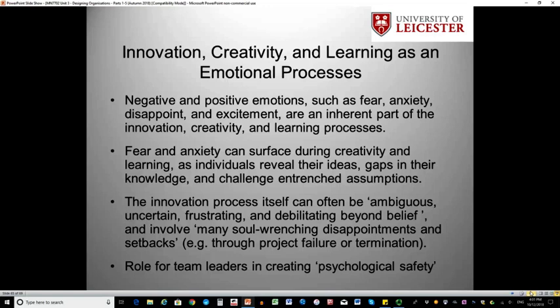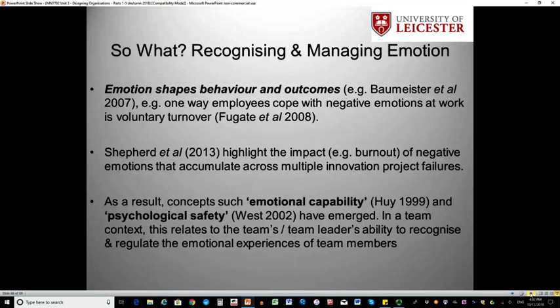But what I'm trying to get across there is the idea that the innovation process is an emotional process. It isn't just a set of neutral activities. People undertake those activities and they have some very strong emotional responses to those activities when they go well and when they go badly. And so what we need to remember when we're managing teams is that emotion shapes behaviour and behaviour shapes outcomes.